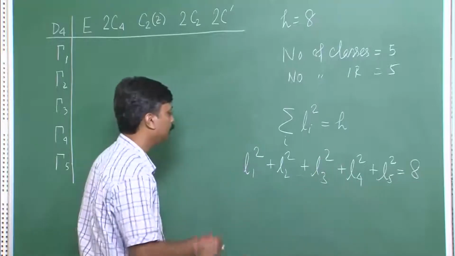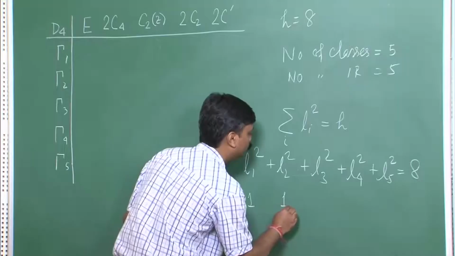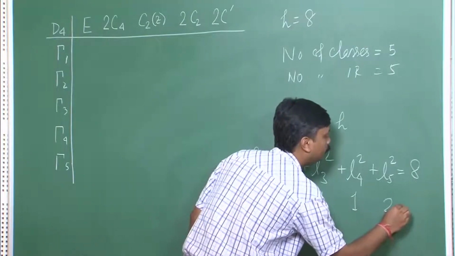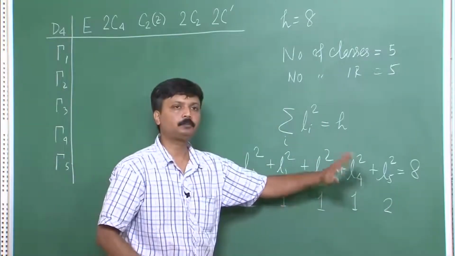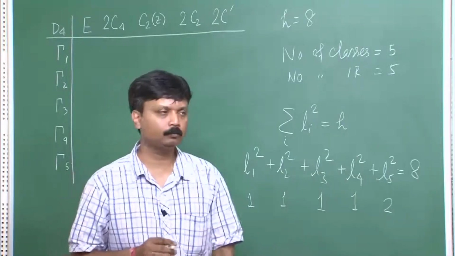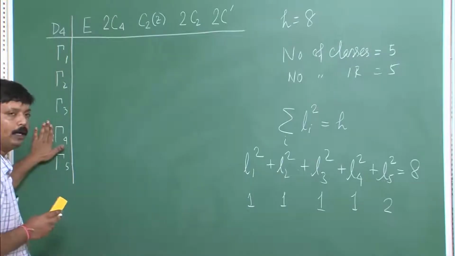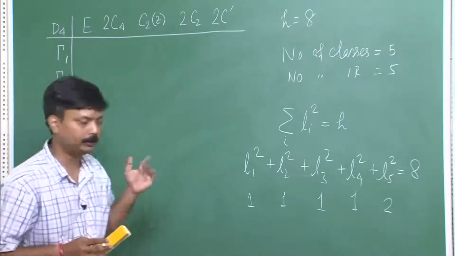So, our unique solution is that l1 equals 1, l2 equals 1, l3 equals 1, l4 equals 1 and l5 equals 2, which makes this equation satisfied. Therefore, these 4 are one-dimensional irreducible representations and this fifth one is a two-dimensional representation.